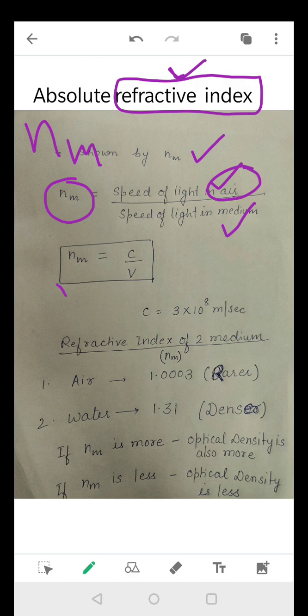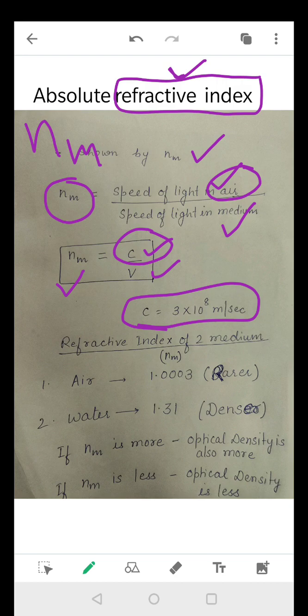So Nm can also be written as C by V. So what is the formula of refractive index? C by V. The value of C we will always know, and that is C equal to 3 into 10 to the power 8 meter per second.